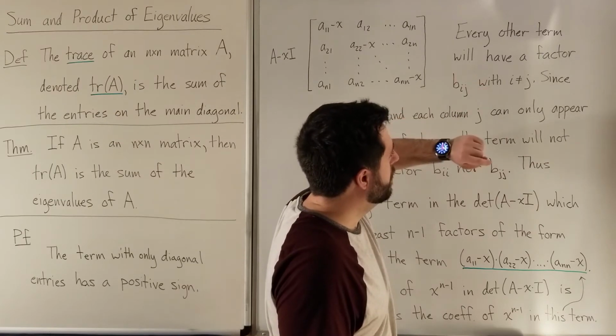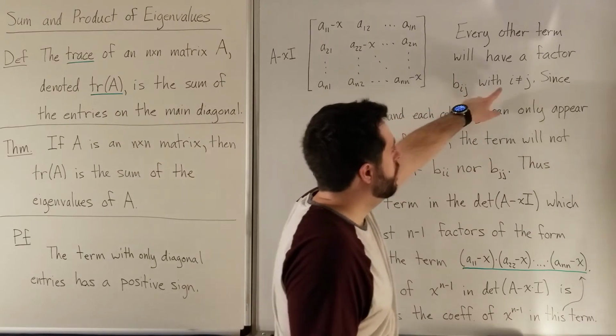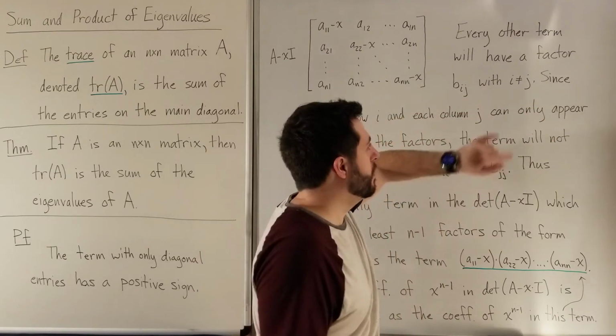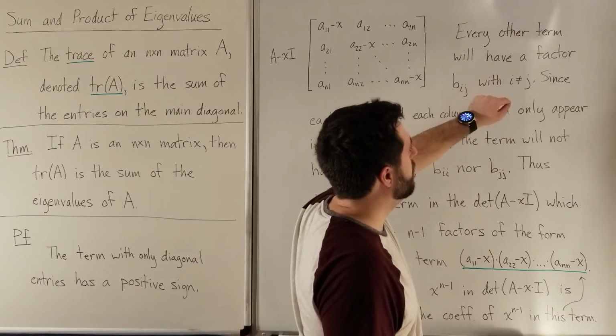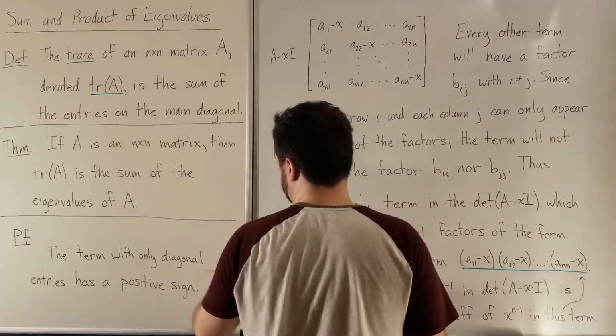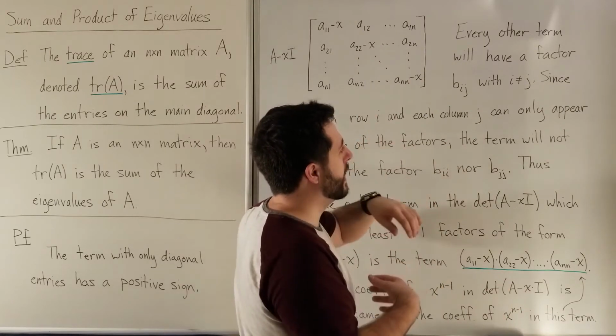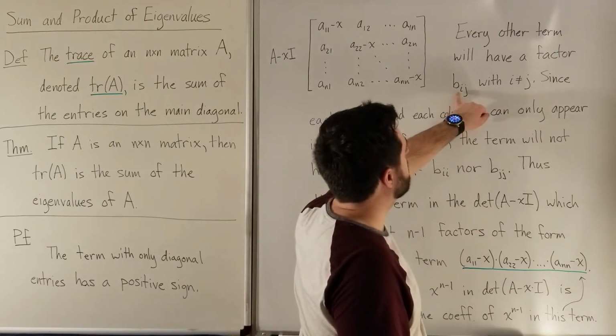Every other term will have a factor bij with i not equal to j. The only term that has all factors where the i's and the j's are equal is this one right here. That's the one made up of only diagonal factors.